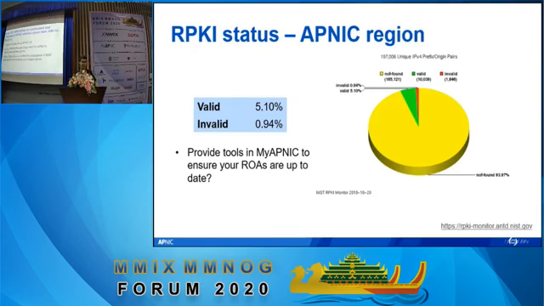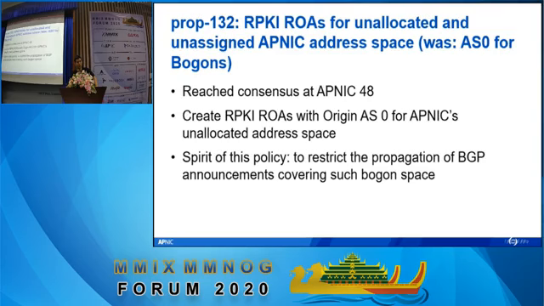While on this topic, I'd like to talk to you about one policy that got implemented recently at APNIC 48, the conference that just happened in Chiang Mai last year. This policy has asked APNIC to register a ROA with origin AS0, AS number 0, for all IP prefixes that are still not delegated by APNIC, so all unallocated address space.